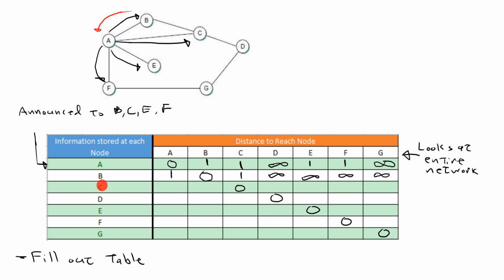So the big thing that's different for C is that D is at a hop of 1 from C. And so when C announces to A, A is going to say, okay, I can update my distance vector right here, and I can say that that's now a hop of 2, because A to C is 1, and C to D is 1, so that should come out to a cost of 2.